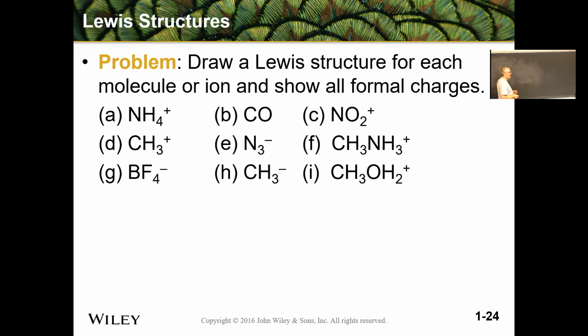Okay, let's do letter E, which is the azide ion, and nitrogens are connected in this order. Nitrogen has 5 electrons, there's 3 nitrogens, and then there's a minus charge. So that's 16 electrons.